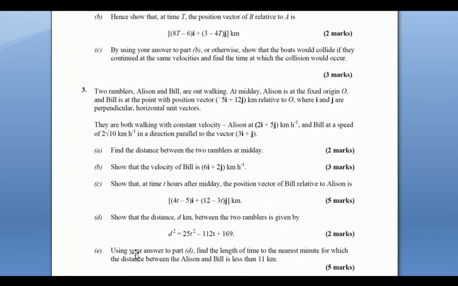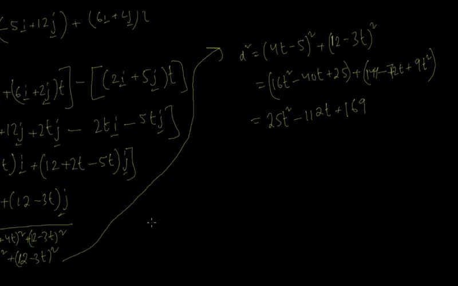Now the final one, using your answer to D, find the length of time to the nearest minute for which the distance between A and B is less than 11 kilometers. Less than 11 kilometers. This is an inequality. So this question number E, distance less than 11 kilometers means D is less than 11 kilometers. That means if I square both sides, D squared is less than 11 squared, which is 121.